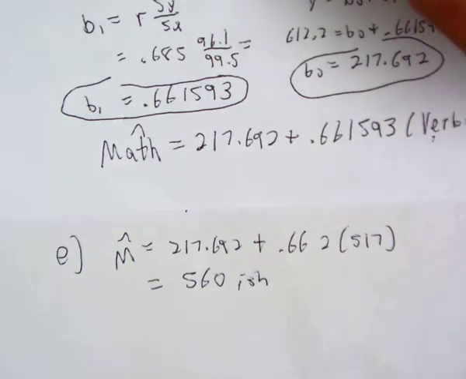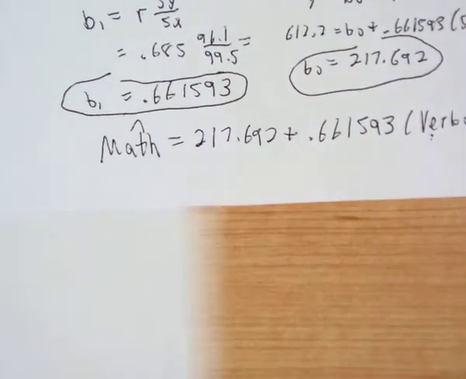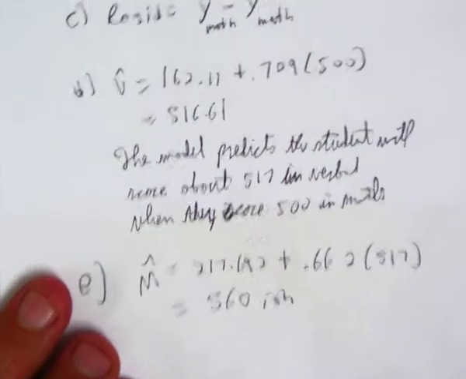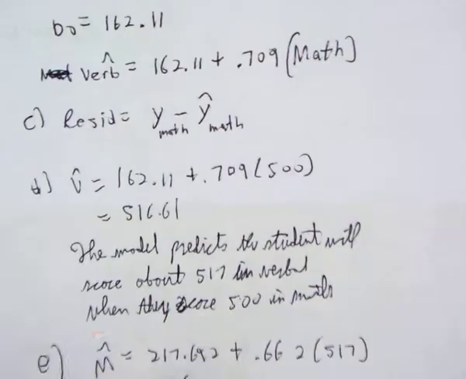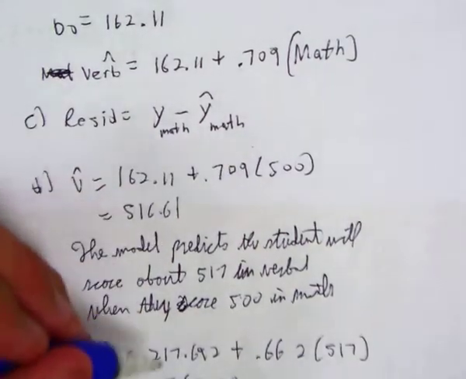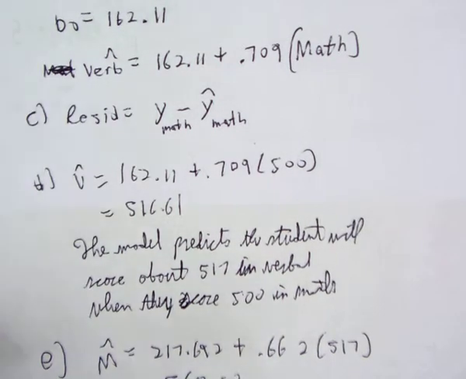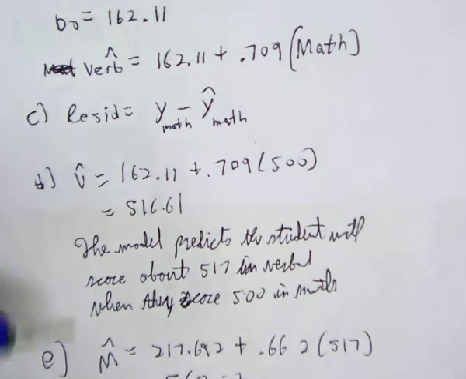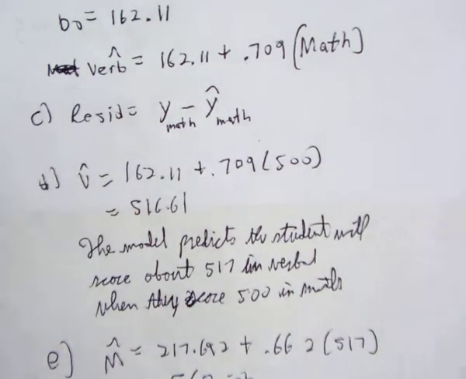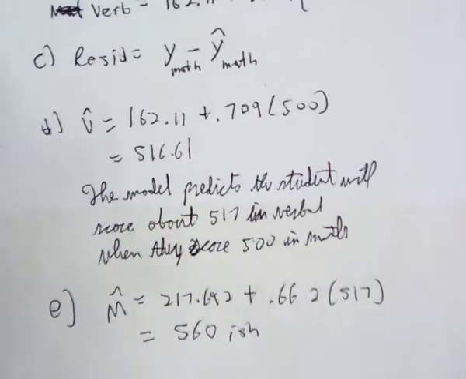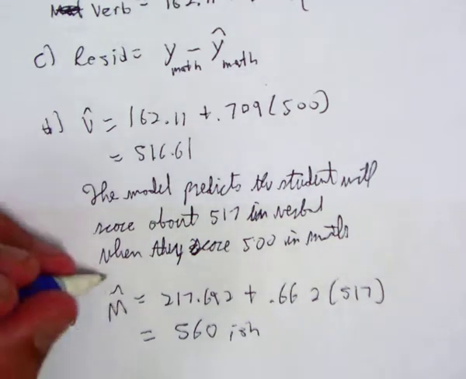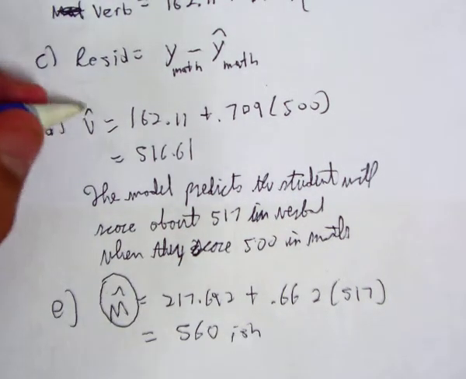Okay, so why doesn't this come out to 500? I mean, what they're saying is, in this model here, you put in 500 and you got out 516. But then you went back to the other model from the last problem to predict math and you put in the 517. It should go back to 500, right? Well, no, because these are predicted amounts.